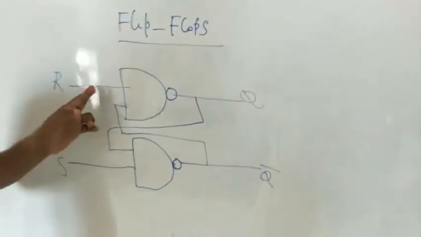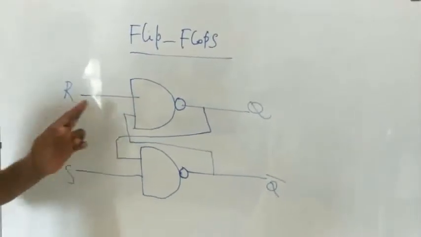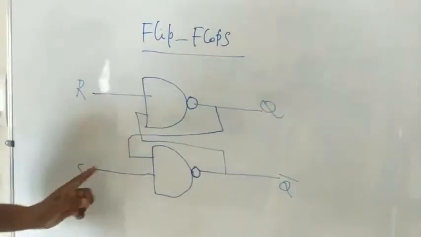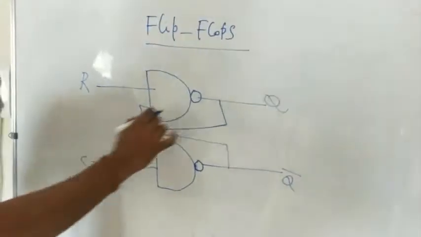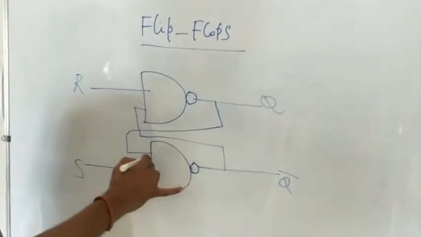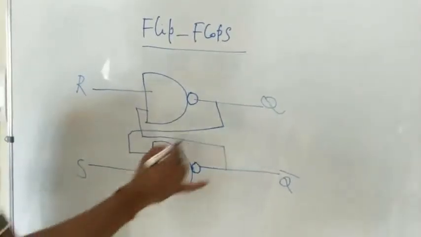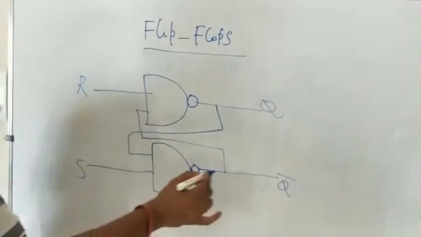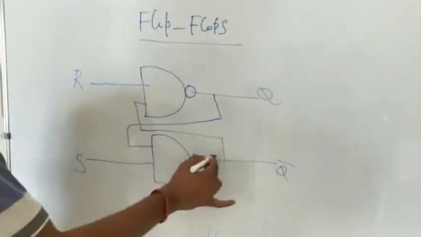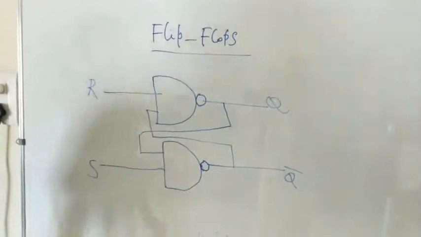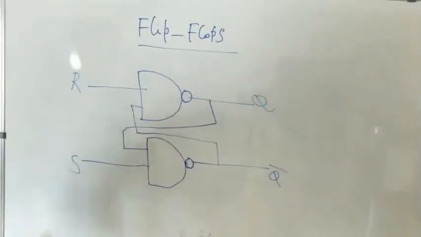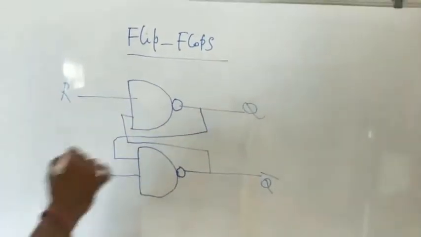R is given as an input to one NAND gate. S is given as an input to another NAND gate. The output of the first NAND gate is given as input along with S, and the output of the other NAND gate is given as an input along with R. Now we will discuss the characteristic table of this diagram.